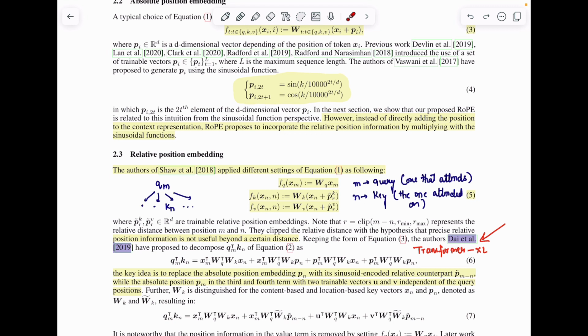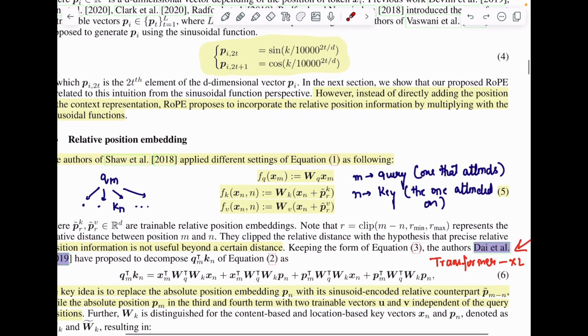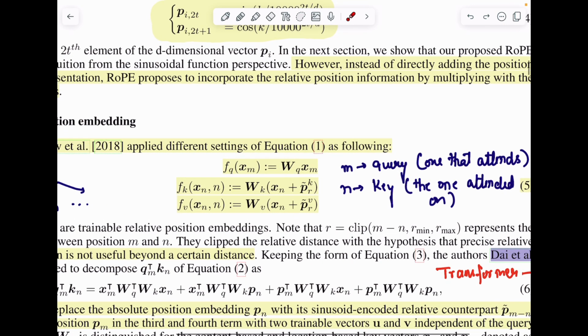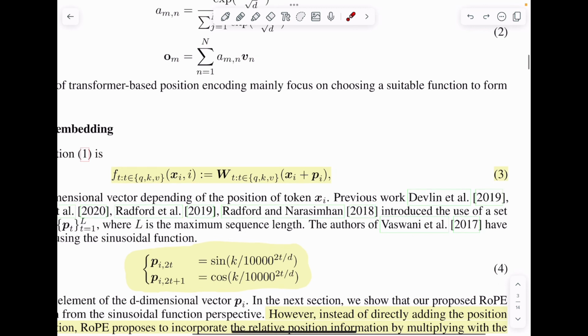So for example, in the case of Transformer-XL, or rather let's first see what Shaw et al. did. You can find details in my previous video, but earlier we saw that they add x_i with p_i, where i is the absolute position, right?